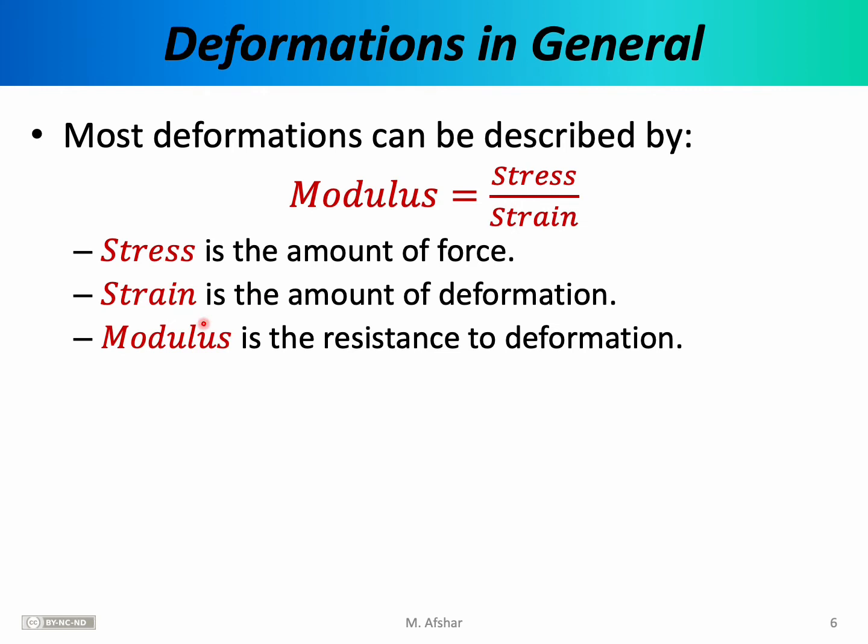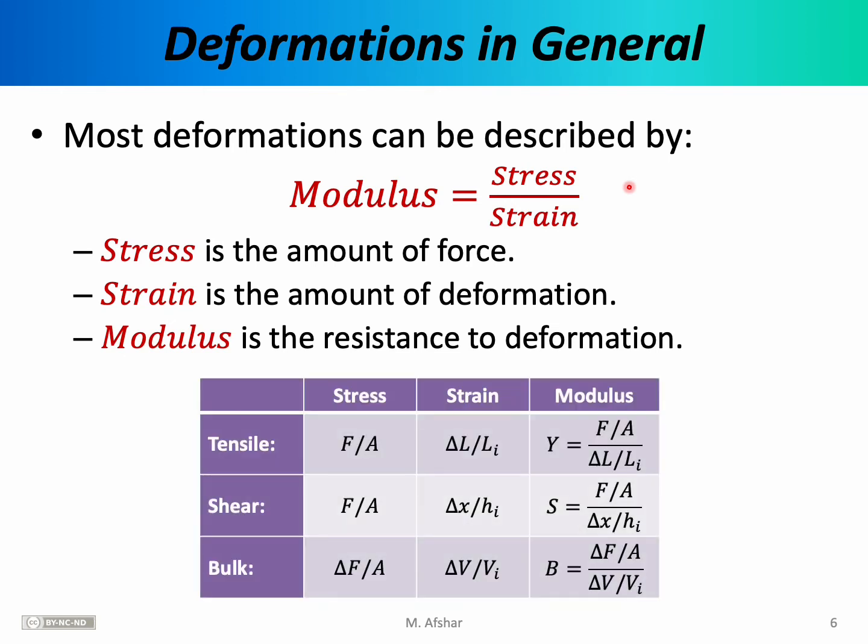It's how much the geometry actually changed when the stress was applied. And there's also the modulus, and the modulus is the thing that tells us how tough the material is, how resistant the substance is to deformations. And the relationship between these three quantities is expressed by this formula here. If you go back and look at the three formulas that we presented in this class, you see that they all fall into the same pattern.